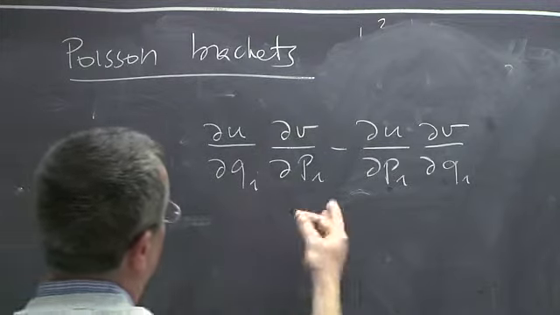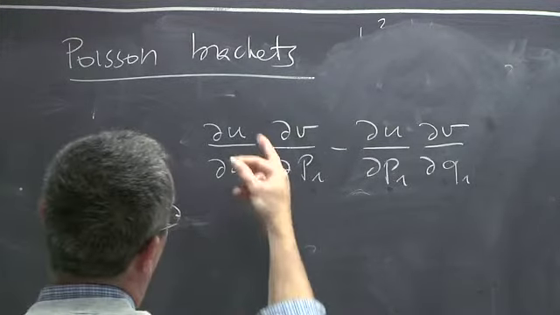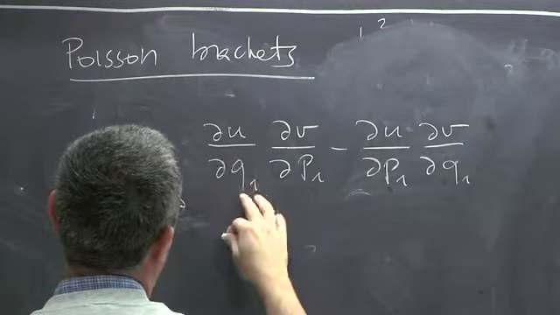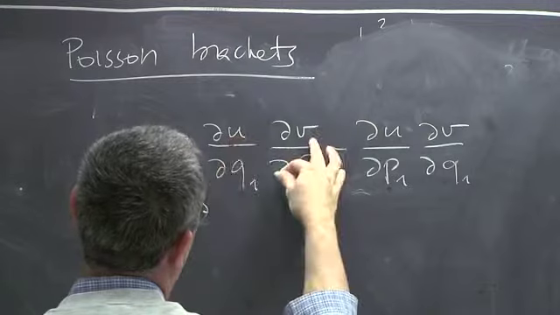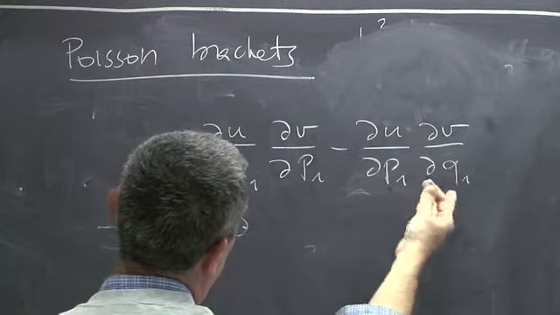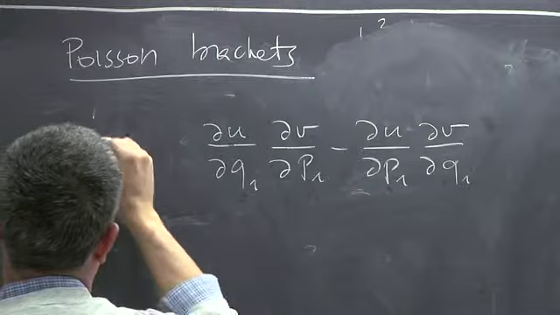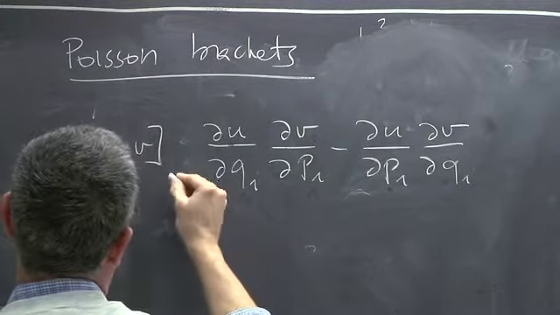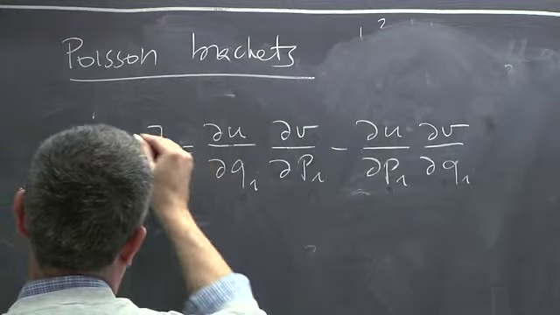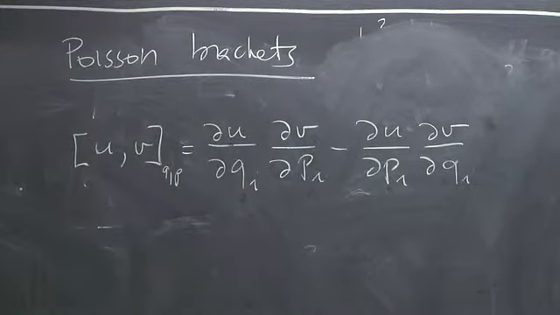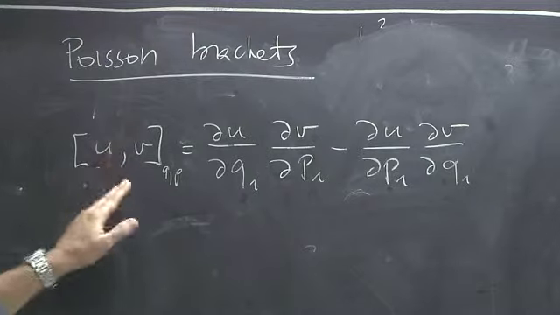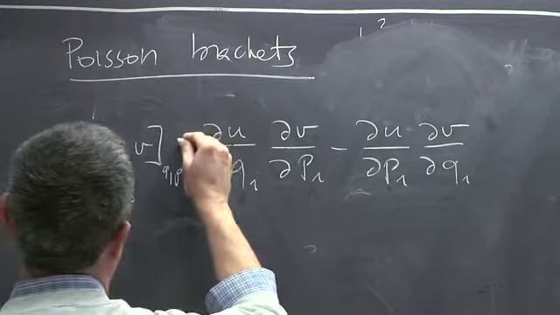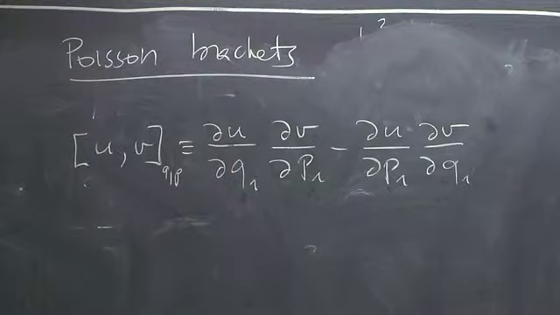First you take the partial derivative with respect to Q of the first function, then the second function, and then the opposite. Since Poisson had to write this several times every day, he decided to call it a shorthand. So this is called the Poisson bracket. If you see this symbol, it means this. So I guess I should write that.